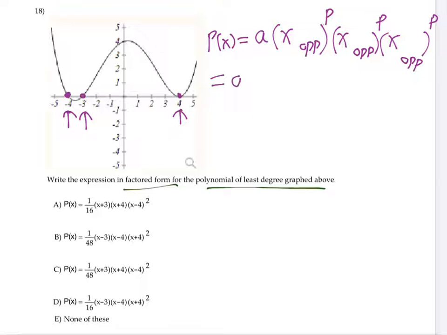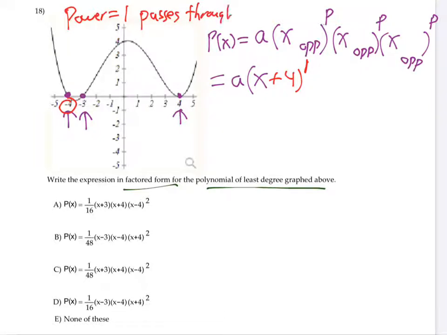So that's going to equal a x. And now what's the opposite of the first one? The opposite of -4 is +4. That's going to be first power. Remember how the powers work? Power equals 1 when it passes through, like right there and right there.